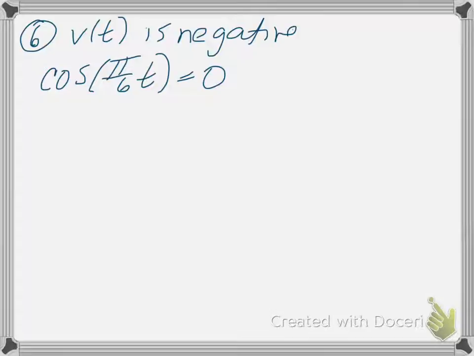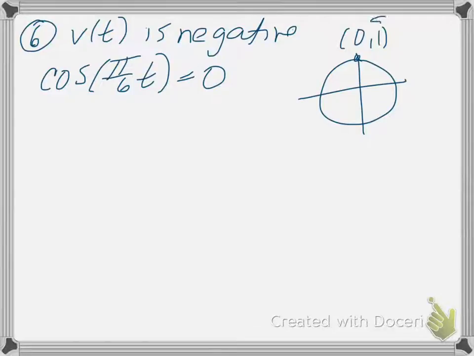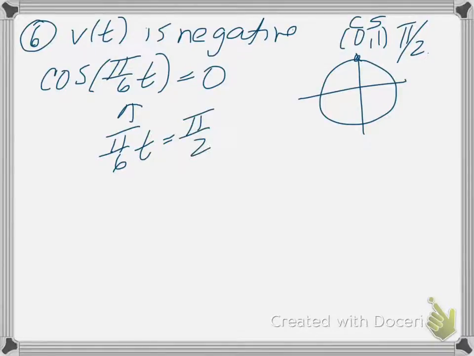And so the question is, cosine of what is going to give us 0? Well, we know from the unit circle that at pi over 2, cosine of pi over 2 equals 0. So this piece over here, you want it to be equal to pi over 2. So you want pi over 6 times something to equal pi over 2.